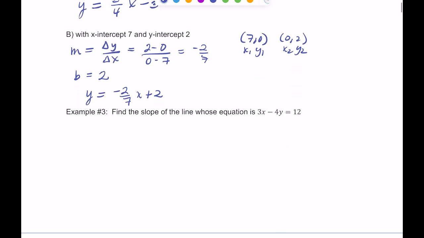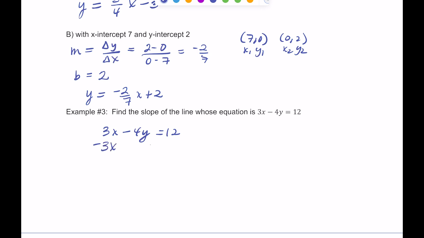Now what if I'm given the equation of a line, and it's not in slope-intercept form, right? Because it's not y equals mx plus b. We call this standard form. So if I need to find the slope, I need to write this in slope-intercept form. So I just need to manipulate it and move some things around. Okay, so what I need to do is solve for y. So I'm going to take my equation and I'm going to isolate y.